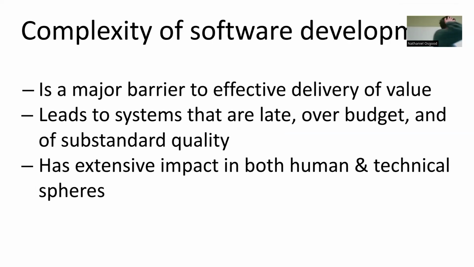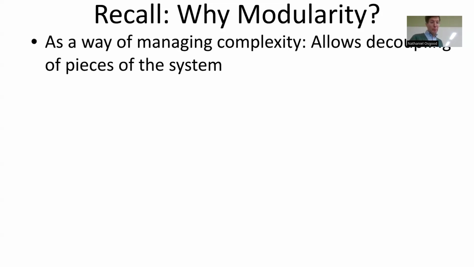And this complexity is a major challenge to deal with in software development. It's a major barrier for effective delivery of quality code. And a failure to handle that complexity comes out in projects that are over budget, beyond their expected time, that disappoint stakeholders, and fail to reach their potential.